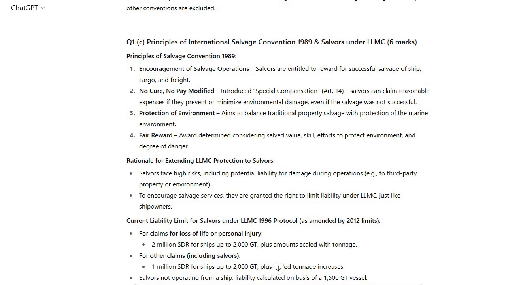So the rationale for extending LLMC protection to salvors is that salvors face high risk, including potential liability for damage during operations. To encourage salvage services, they are granted the right to limit liability under LLMC, just like shipowners. Current liability limits for salvors under the LLMC 1996 Protocol as amended by the 2012 limits.